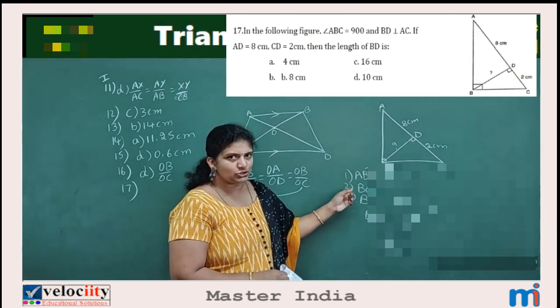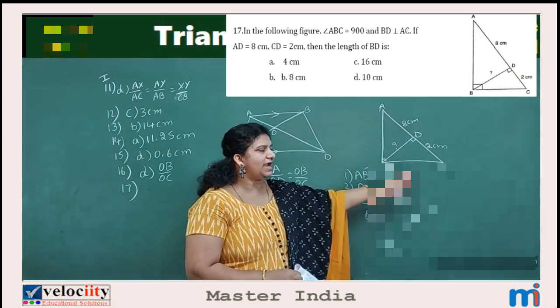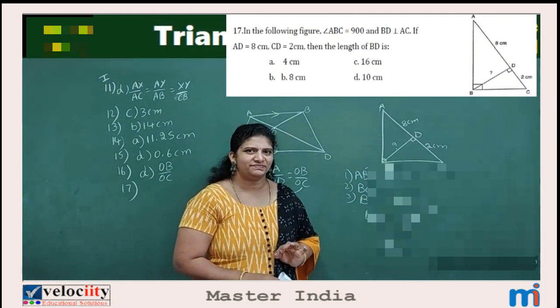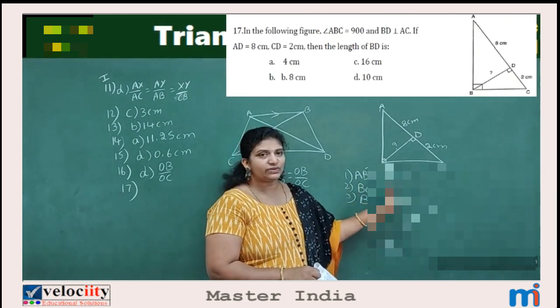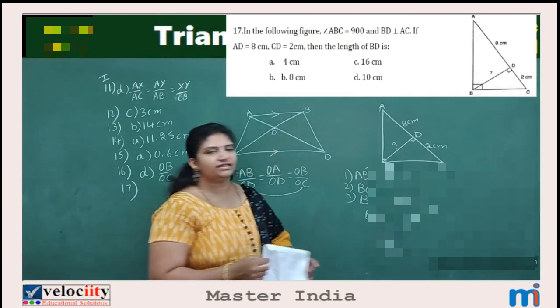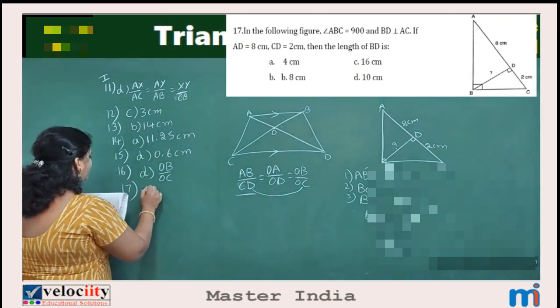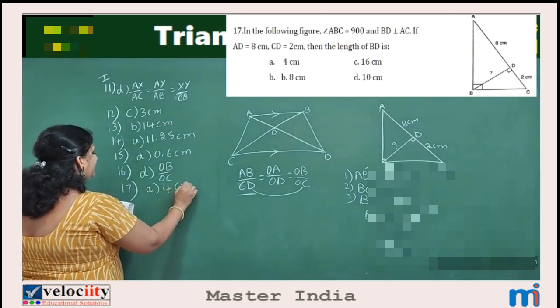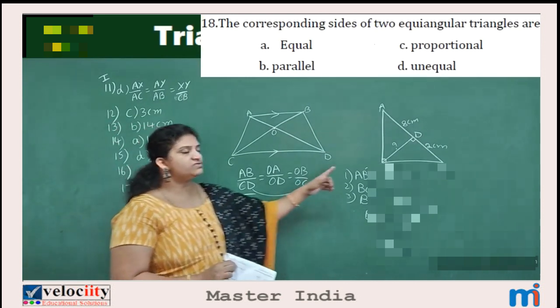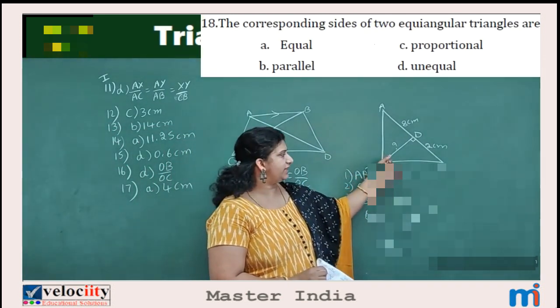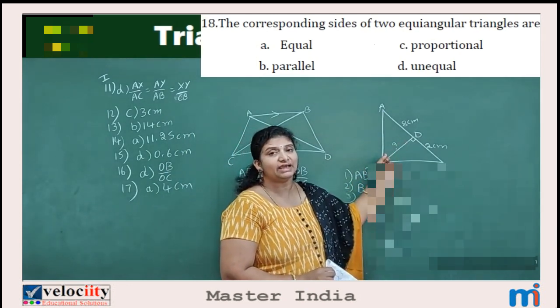By using these two, find AB length and BC length and answer me in the comment box. Okay. Now for this question, what is the answer? BD length is 4 centimeters. Check for the option. That is your option A, 4 centimeters. See, these will be applicable only in a right angled triangle and a perpendicular arrived from the right angle vertex.